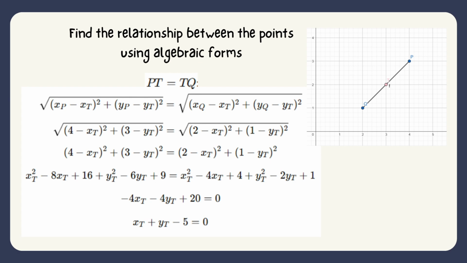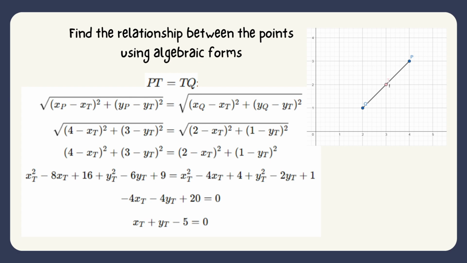Then we substitute the given values into the equation and square both sides to eliminate the square roots. So we get (4 minus xt) squared plus (3 minus yt) squared equal to (2 minus xt) squared plus (1 minus yt) squared.